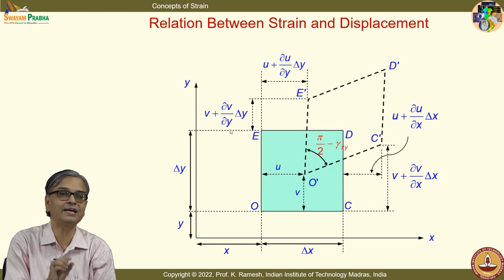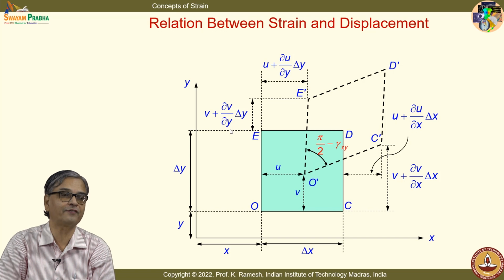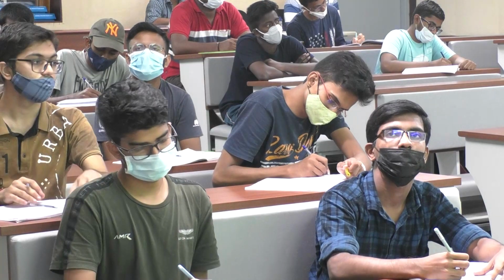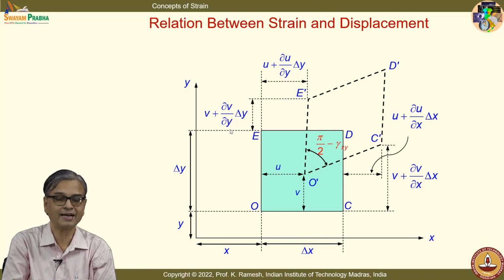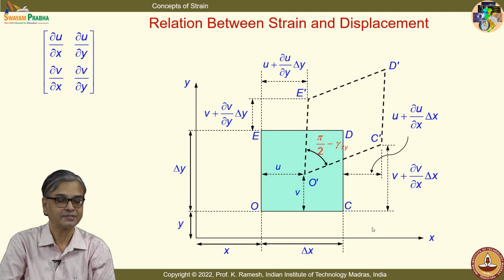If you understand and put all these labels, we have already looked at how to define the normal strain and the shear strain. If I take that formula and plug in these values, I get expressions for normal strain and also for shear strain.